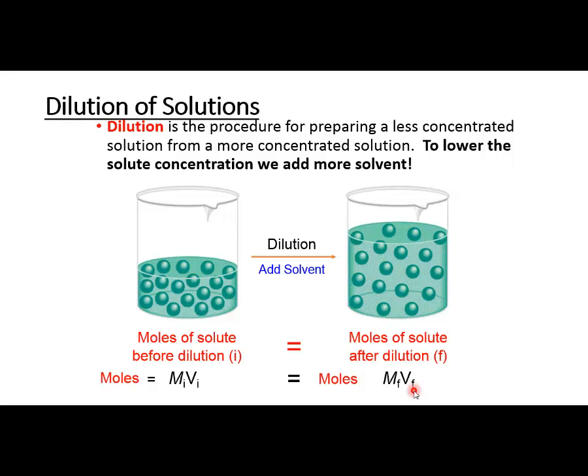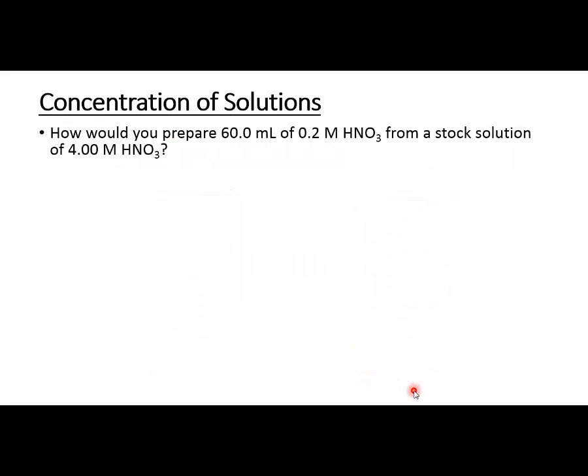Let's try applying this equation to several types of dilution calculations. First of all, let's consider that we're preparing a solution that we want to have 60 milliliters of. I'd like the molarity to be 0.2 molarity of nitric acid, HNO3. Now the stock solution I'm preparing this solution from was already prepared at 4.00 molarity nitric acid.